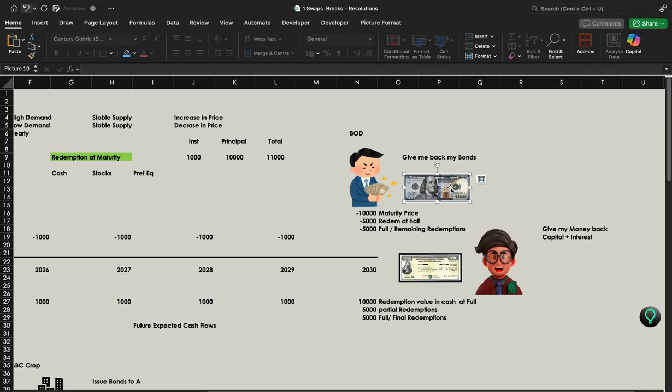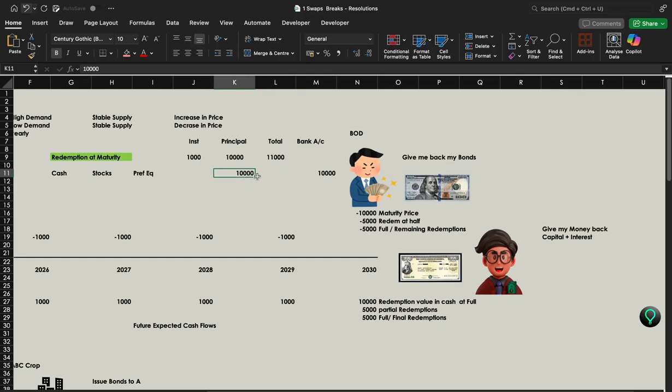If not, then it cannot. So let's say in this case the company has only 10,000 to pay in its bank account. At the time of maturity, they get to know they have only 10,000, but their liability is 11,000.